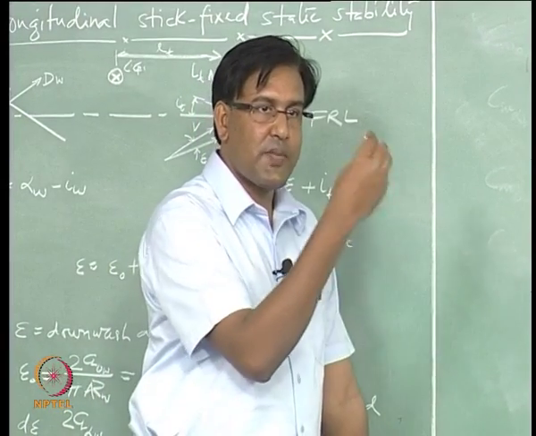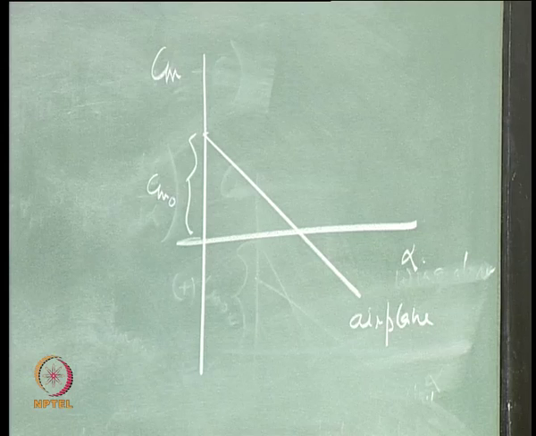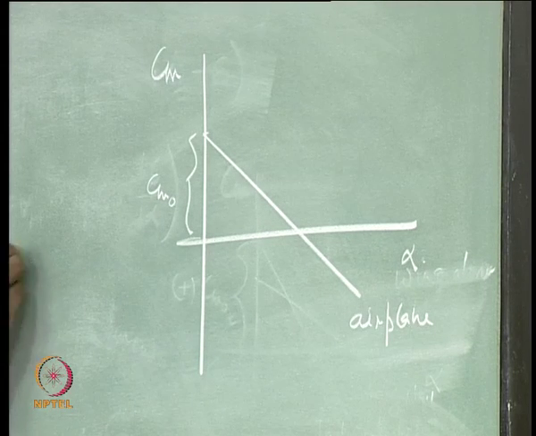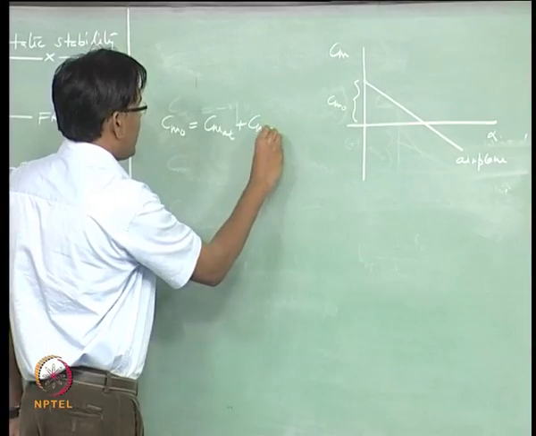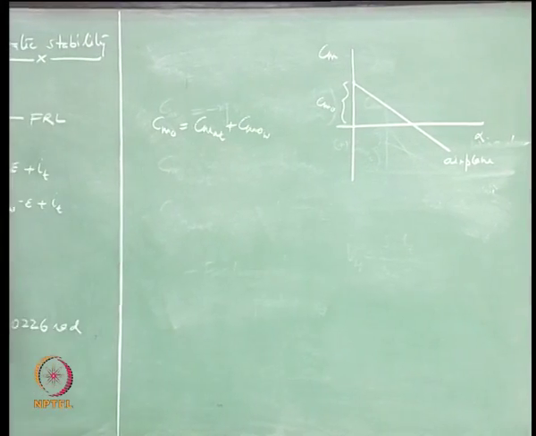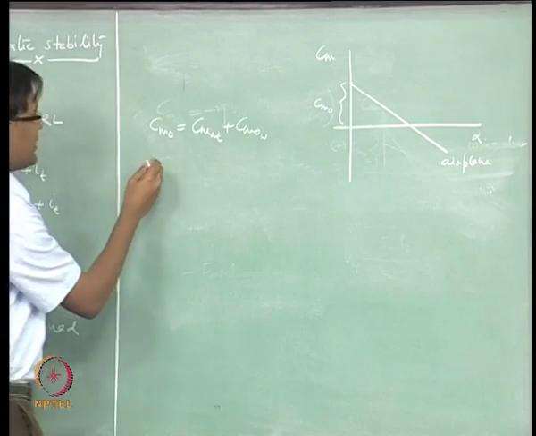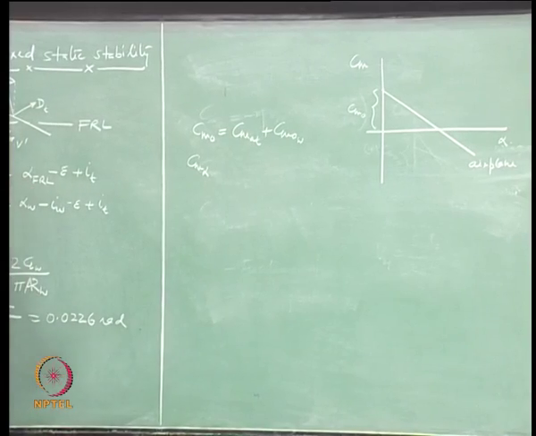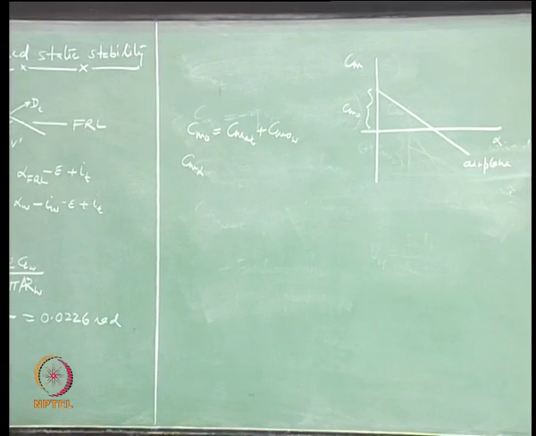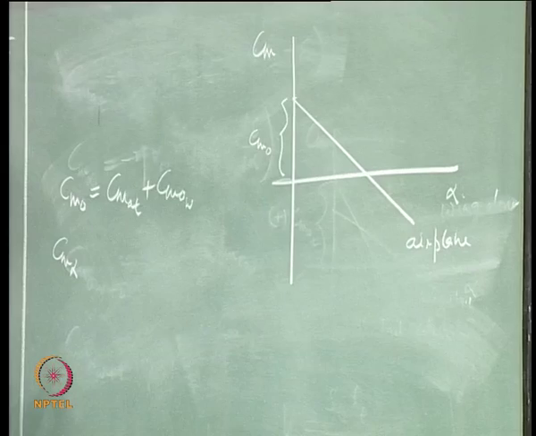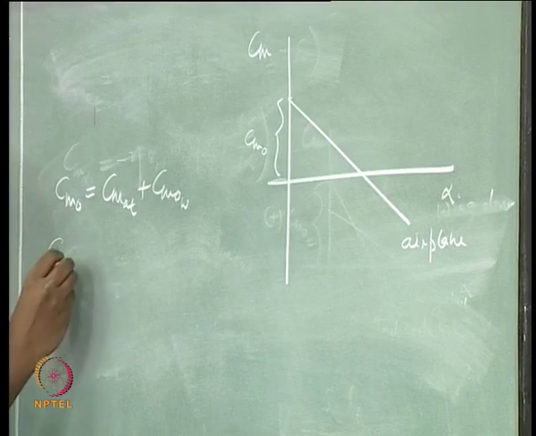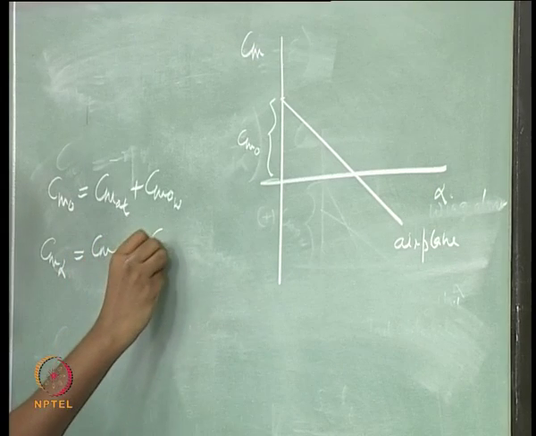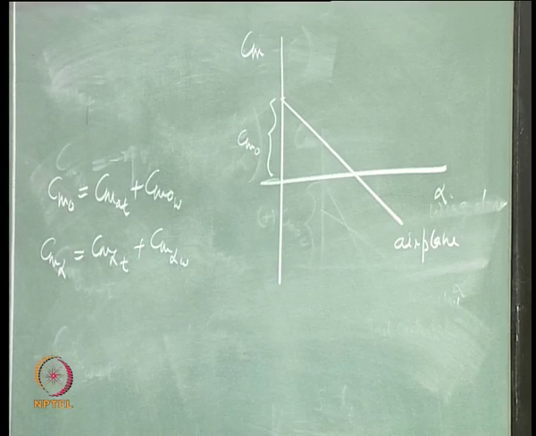So let us write down the expression for Cm naught again. This is Cm naught due to tail plus Cm naught due to wing, right, and Cm alpha. We are still talking about wing and tail combination. Okay. Cm alpha is Cm alpha tail plus Cm alpha wing, right.